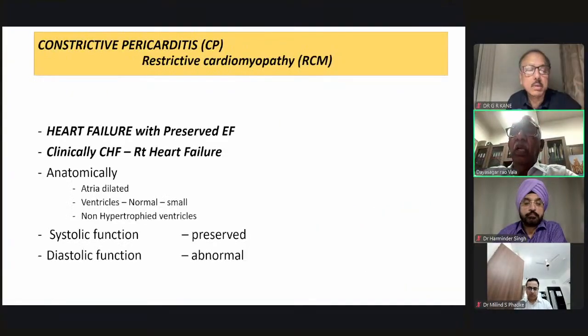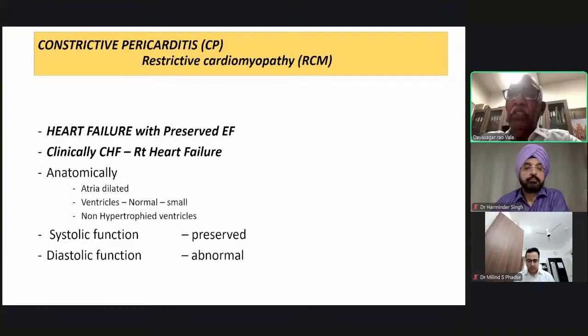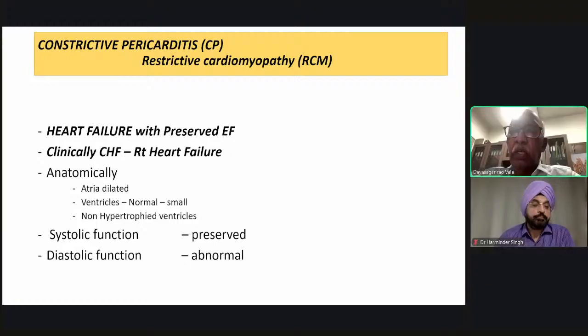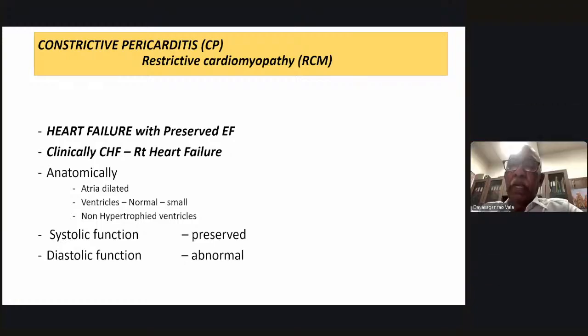Why are we worried about this differentiation? What is common to both of them is that both present as right heart failure with elevated jugular venous pressure and dependent edema. On echocardiography, you will find that atria are dilated, ventricles are normal or even smaller than normal in some patients, and the ventricles are non-hypertrophied.